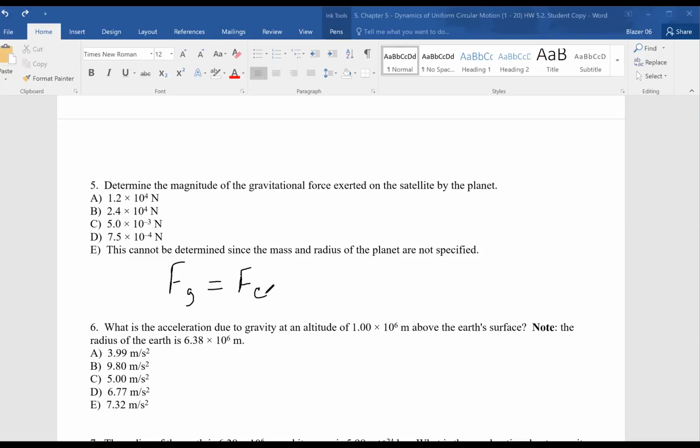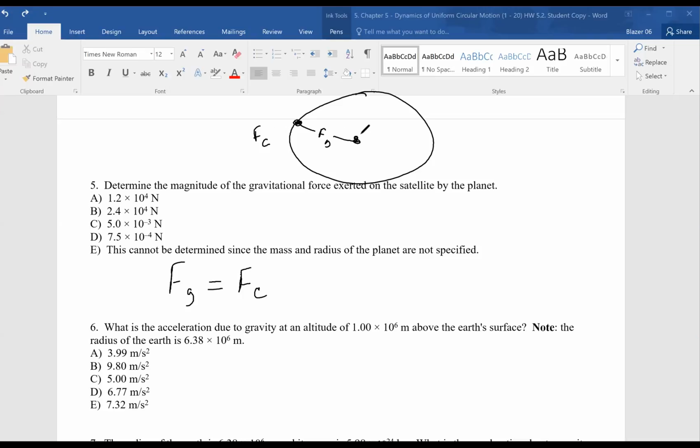Remember when we talked about an object in an orbit around the Earth, this is the Earth, this is the object in orbit around the Earth, and the reason why it remains that way is we solved the problem to show that the centripetal force is equal to the gravitational force between the object and the Earth.